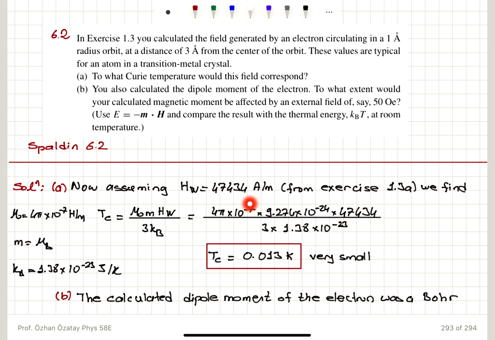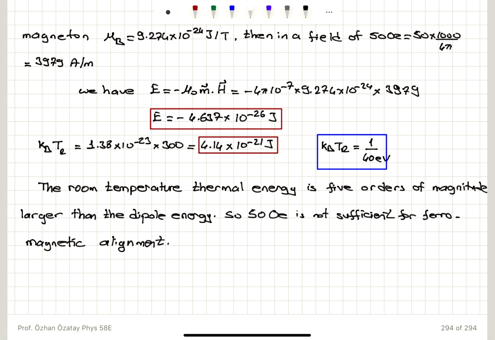So this clearly is not the correct way to do it. And when we calculate the magnetostatic energy of this electron in a field of 50 oersteds, we see that the Zeeman energy is very small compared to the thermal energy. Therefore, we cannot expect ferromagnetic alignment of these moments, and they will be randomized due to thermal energy. Well, at least for the case of room temperature.